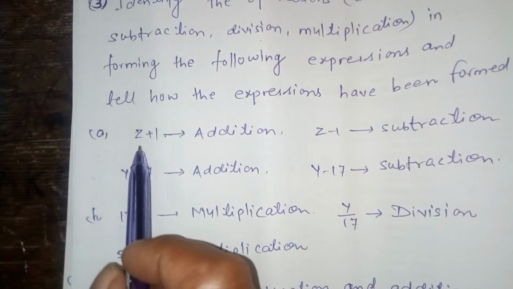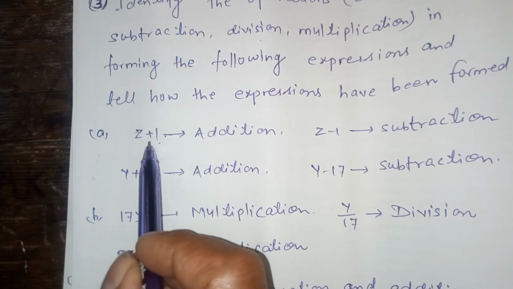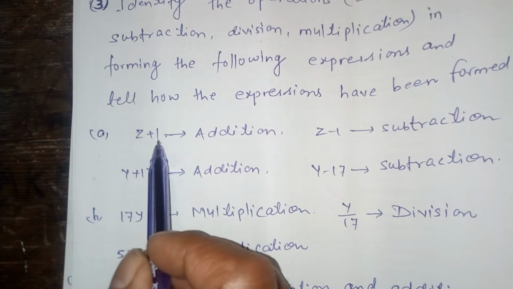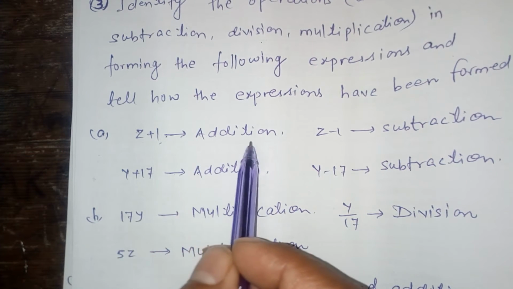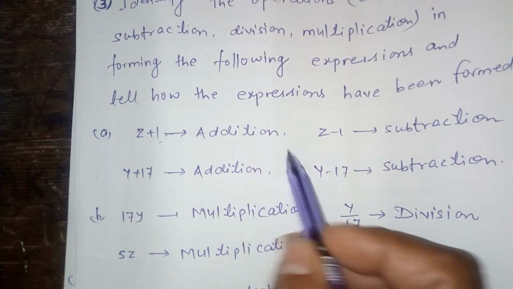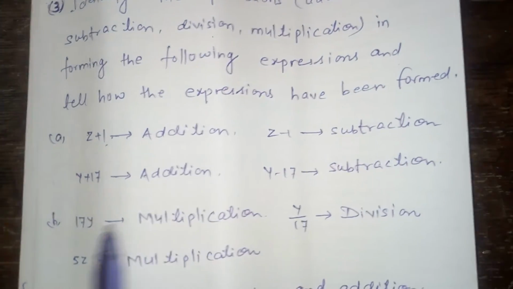Okay, this is z plus 1. As you know very well, there is a plus sign. Plus means addition. So in z plus 1 you can apply the addition operator. In z minus 1 the operation is subtraction.